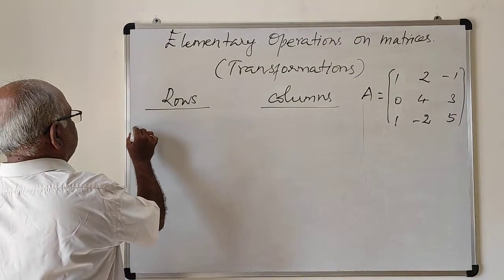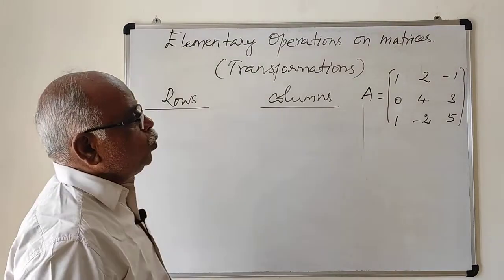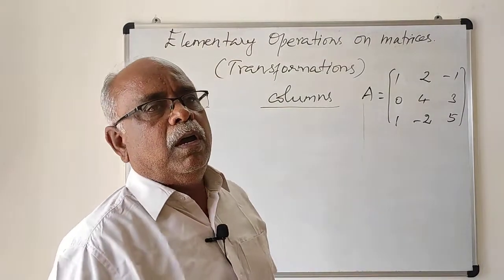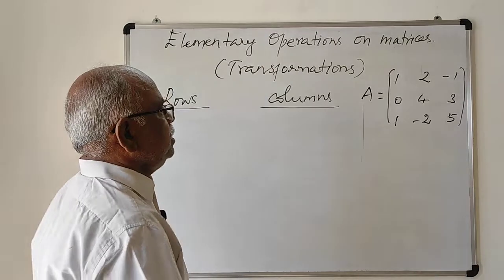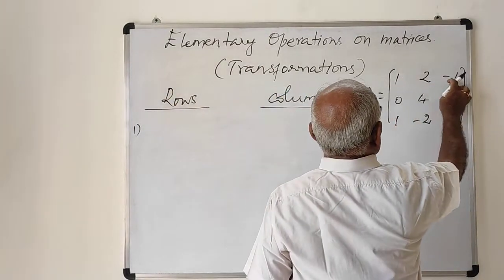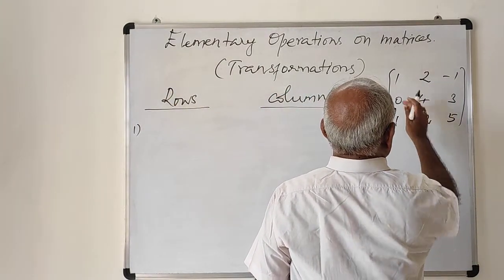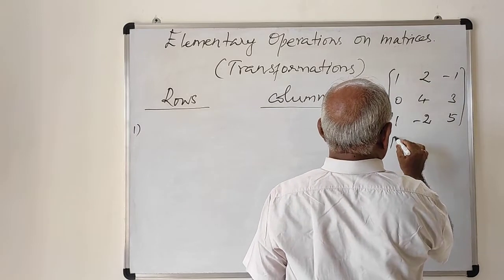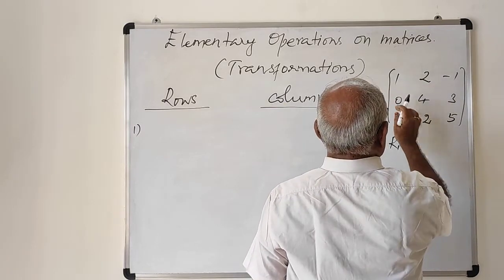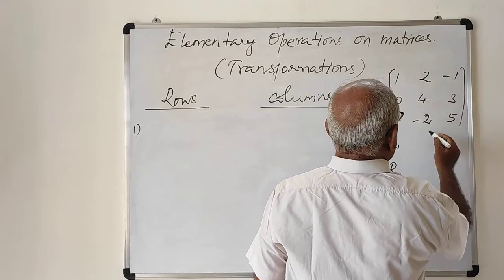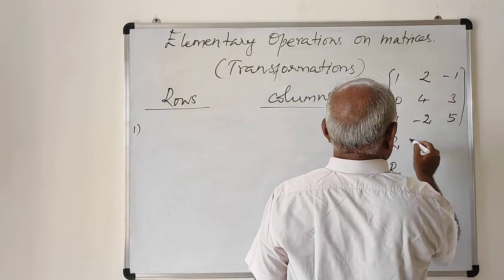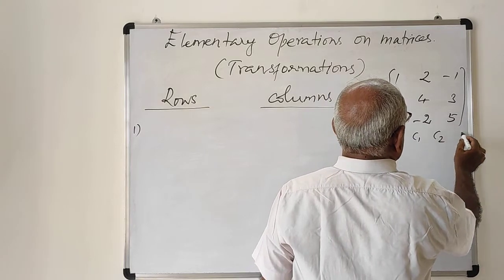First one is any 2 rows or columns of a matrix are interchanged. This is the first row R1, this is the second row R2, and the third row R3. Similarly, the columns are column 1, column 2, column 3.